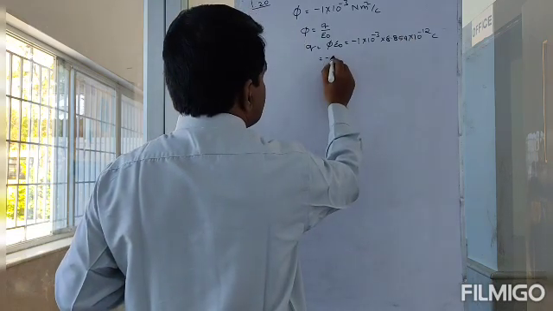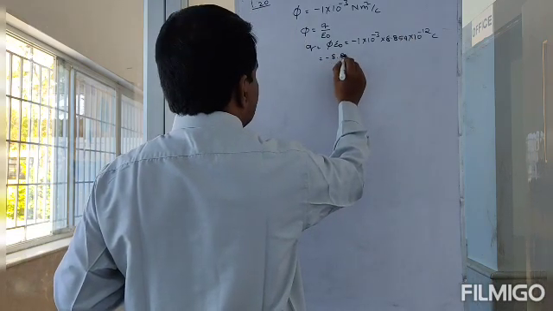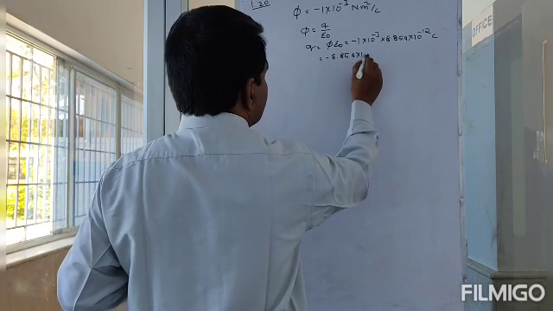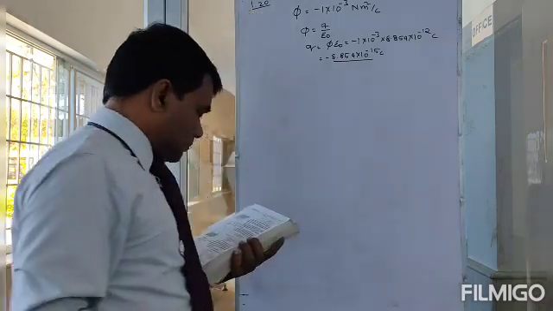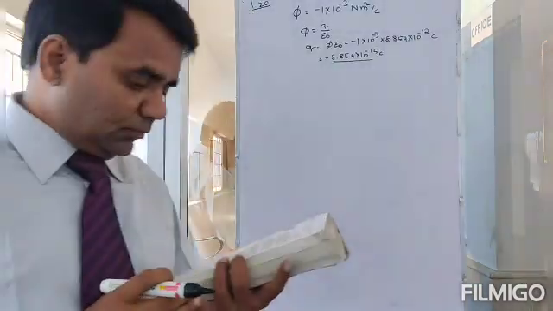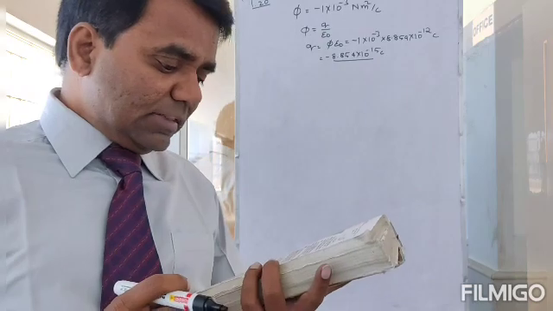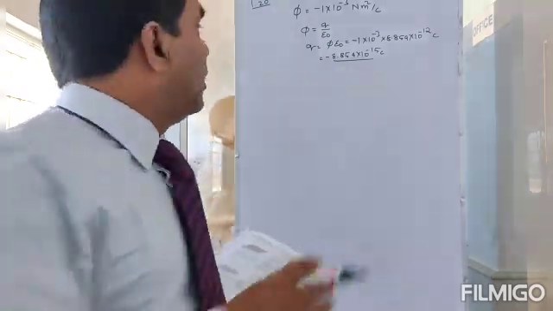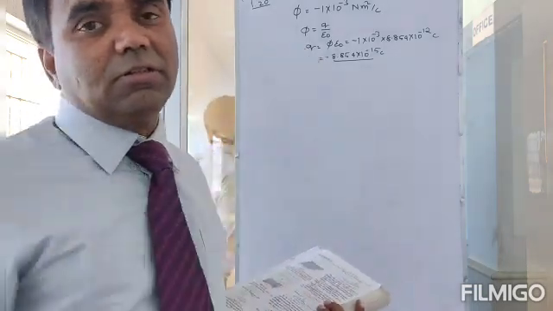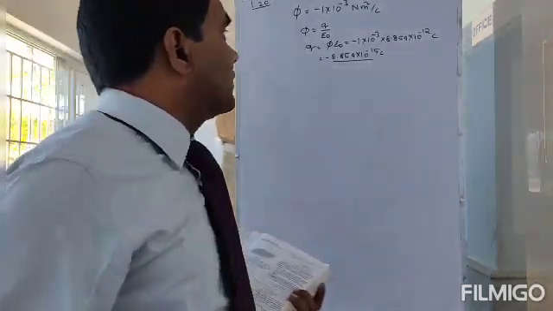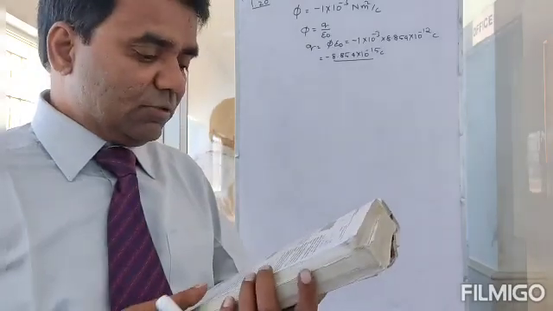So this must be minus 8.854 into 10 to the power minus 15 coulomb. So that must be the amount of charge. So it's a negative charge which is so small, 10 power minus 15 coulomb. So that's the answer to that question.